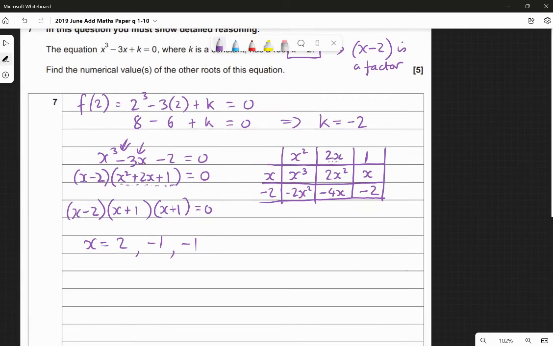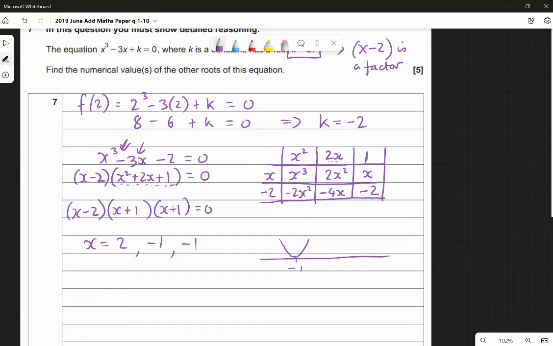If I drew the graph of this, at the point where x was equal to negative 1, the curve would brush the x-axis. It would either brush it from above like that, or it would brush it from below.